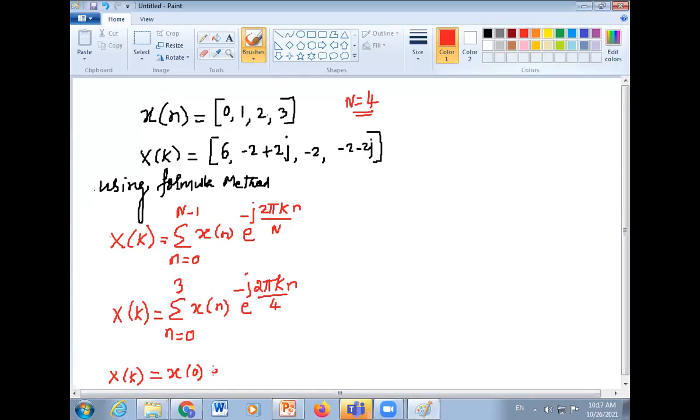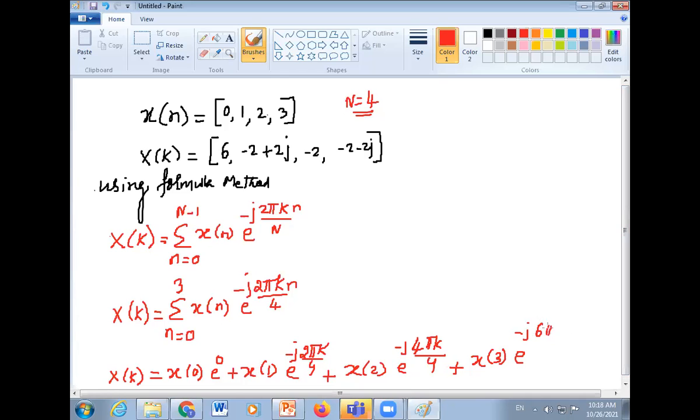X of 0 e power 0 plus x of 1 into e power minus j 2 pi k by 4 plus x of 2 into e power minus j, the value of n is 2, so 2 into 2 is 4, so 4 pi k by 4, plus x of 3 into e power minus j 6 pi k by 4.